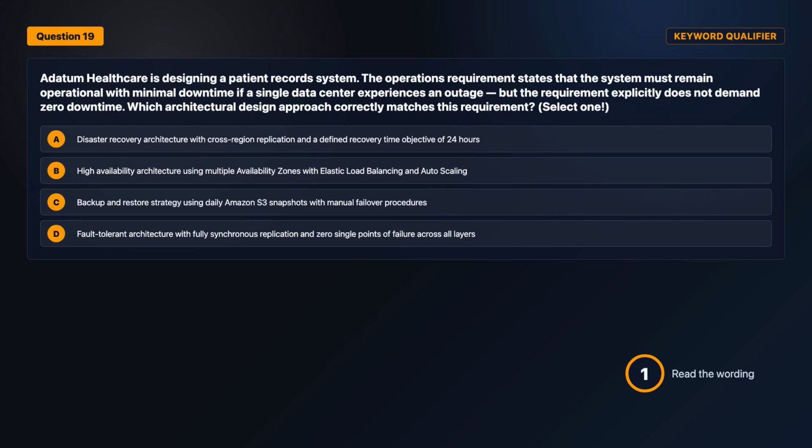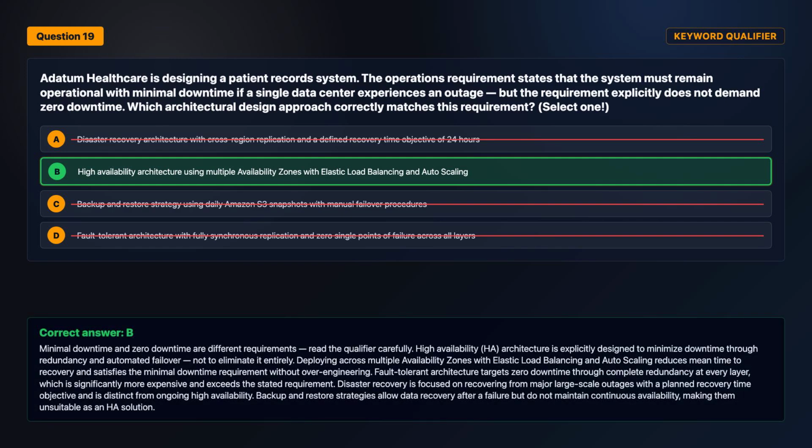The correct answer is option B. Minimal downtime and zero downtime are different requirements, read the qualifier carefully. High availability (HA) architecture is explicitly designed to minimize downtime through redundancy and automated failover, not to eliminate it entirely. Deploying across multiple availability zones with elastic load balancing and auto-scaling reduces mean time to recovery and satisfies the minimal downtime requirement without over-engineering.